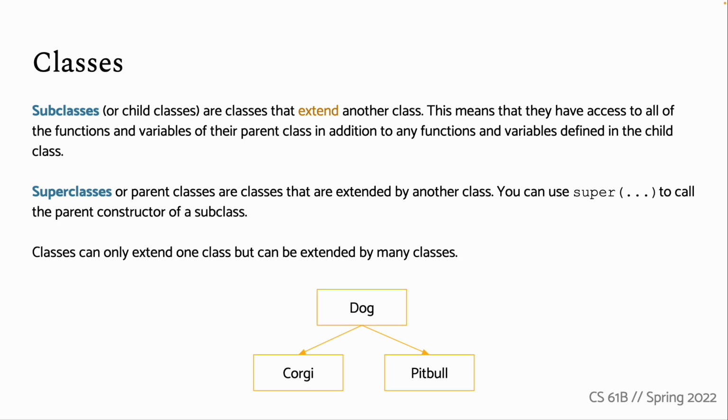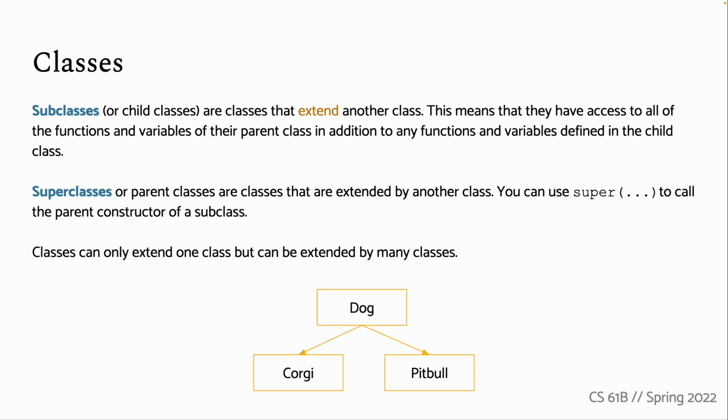They can exist in families, where subclasses are classes that extend other classes and therefore have access to all of the variables and functions in their parent class, in addition to any variables and functions defined in the child class. And the opposite of that relationship is a superclass or parent class, which is the class that is being extended.